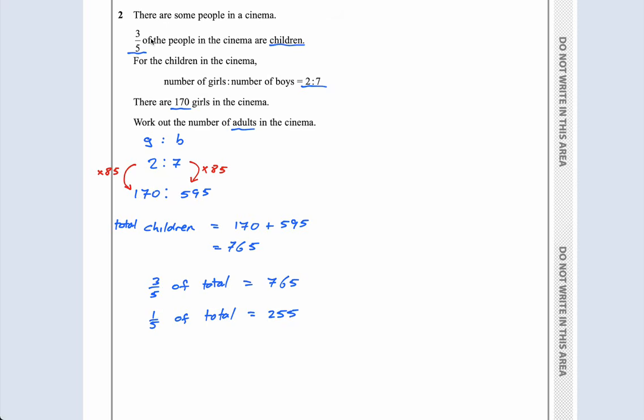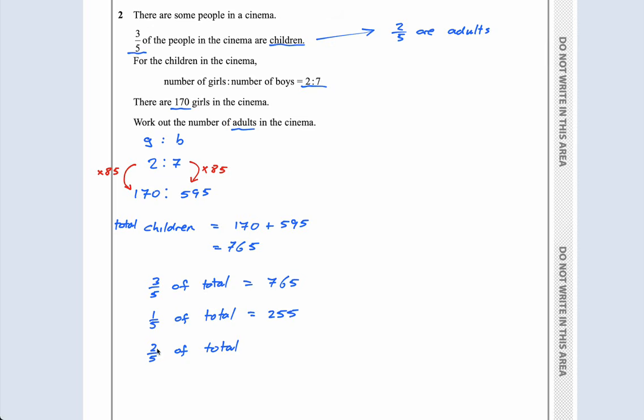And then if 3/5 are children, then 2/5 are adults, because we only have children or adults. So 3/5 are children, 2/5 are adults. So 2/5 of the total.